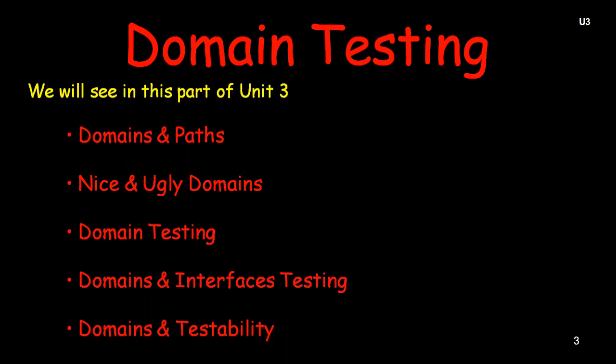Then we differentiate ugly and nice domains and learn their properties. We will learn domain testing strategies for different dimensional domains. And we will see how to identify problems due to the incompatibility of domains and ranges in interface testing. This is what we will discuss in this particular unit 3.